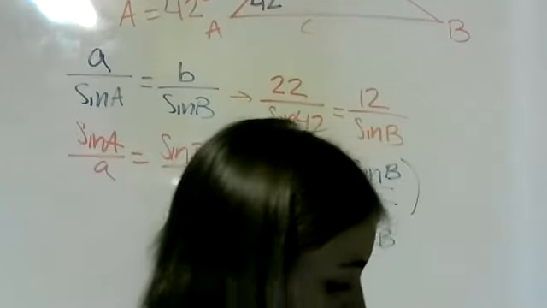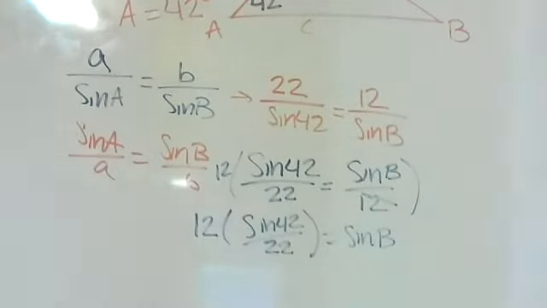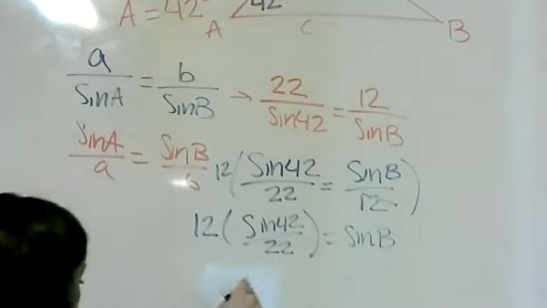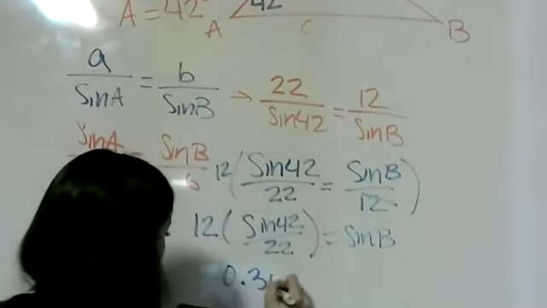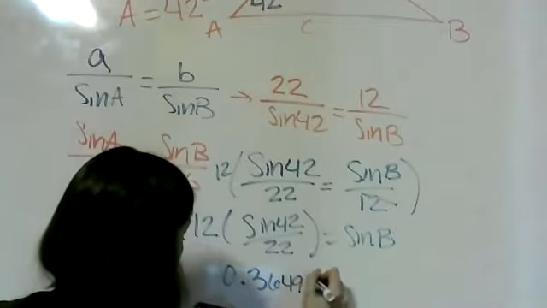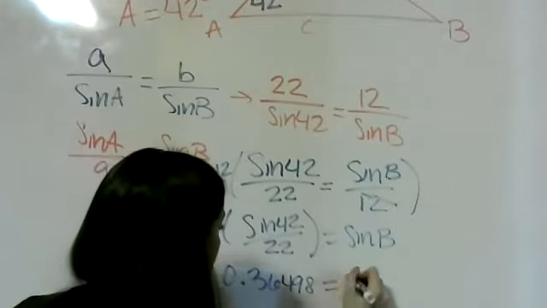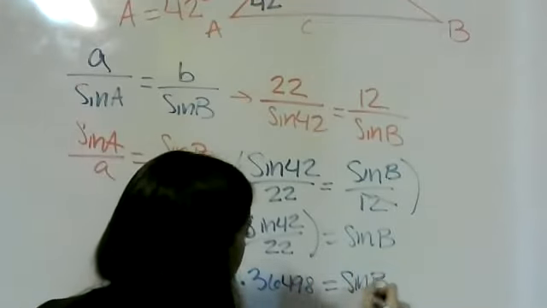Oh, here we go. Okay. So when I put this in my calculator, this side right here, I get 0.36498, still set equal to sine B.